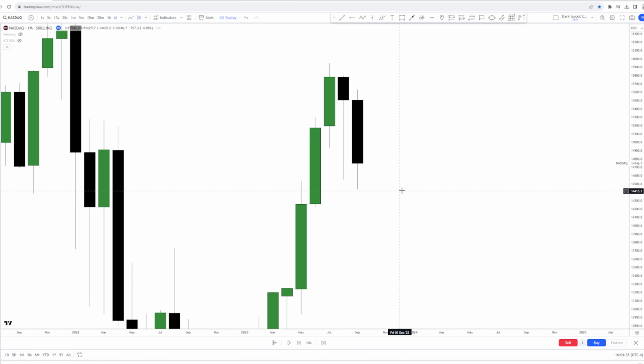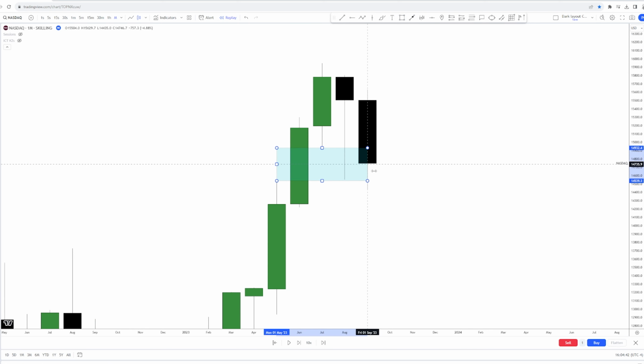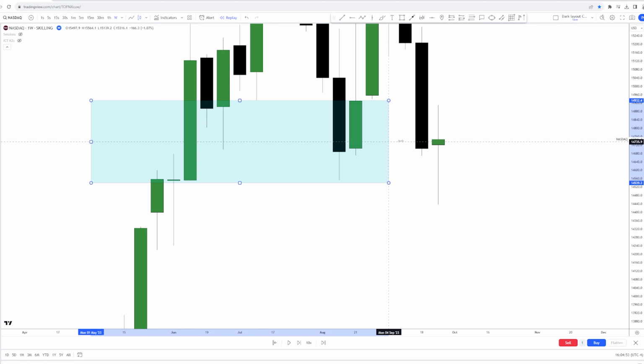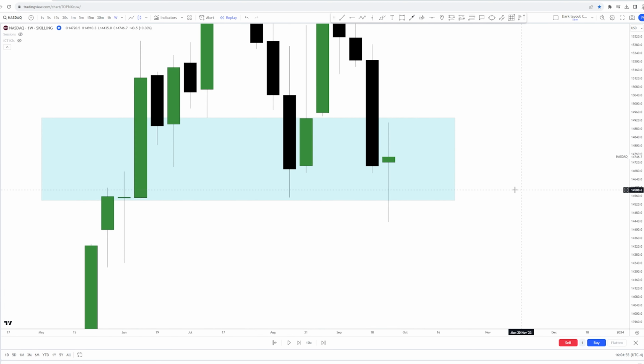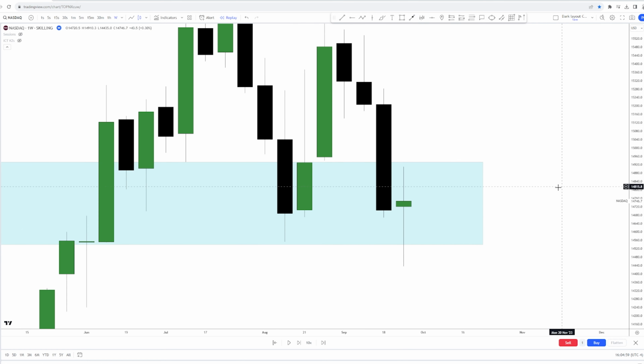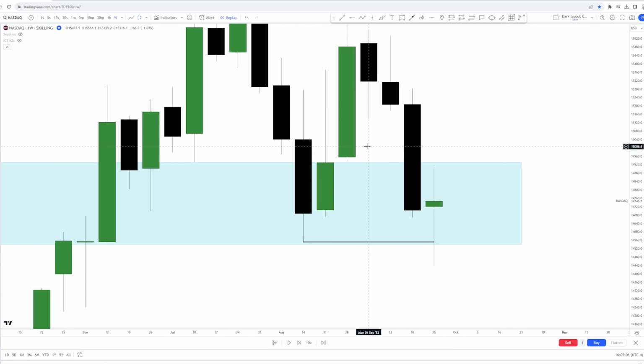And for the time being, I can leave this monthly FVG, and then I will scale down to the weekly so that we can see exactly where we are inside this monthly fair value gap. What do we see from the weekly perspective? We see that we broke below this swing low, and this is a swing low.